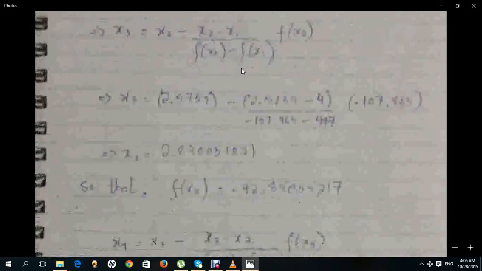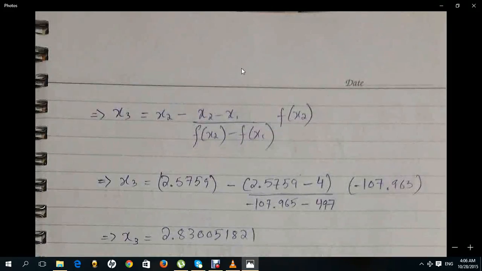I got this value, 2.83005128. Our previous value was 2.5759, and this time the root comes out to be 2.8305. As you can see, the value of the root is increasing.